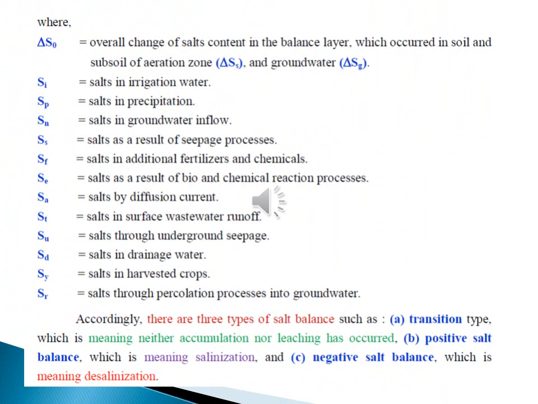Follow the important parameters of the salt balance equation in front of you. Accordingly, there are three types of salt balance: transition type, meaning neither accumulation nor leaching has occurred; positive salt balance, meaning salinization; and negative salt balance, meaning desalinization.